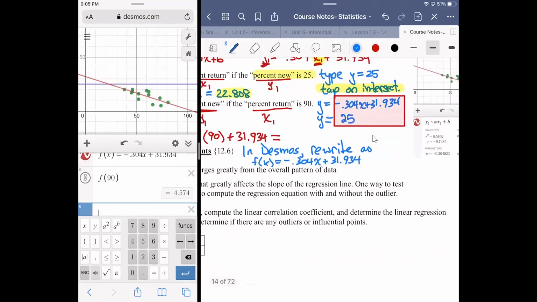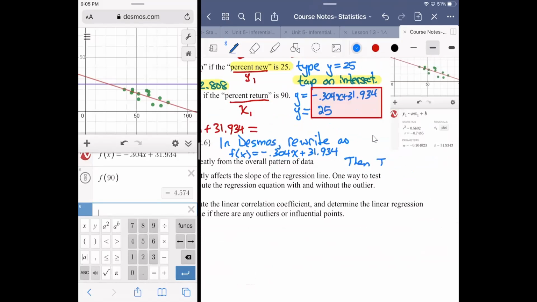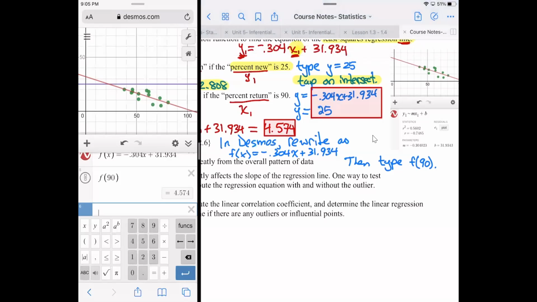Then type f of 90. And that'll give us the result, in this case, 4.574.